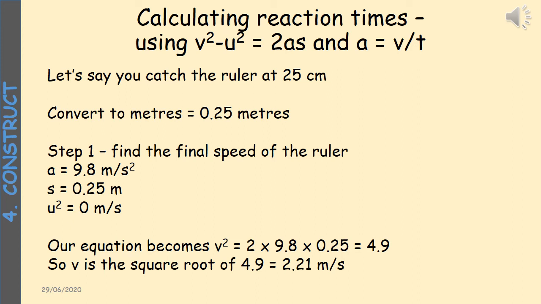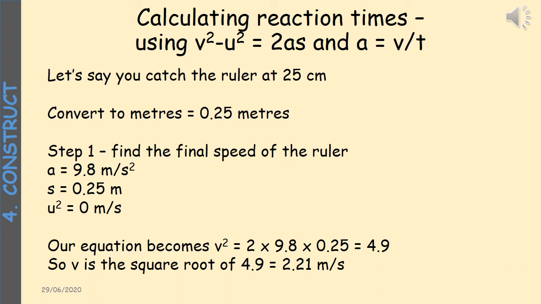If you have this, this will be a two-part calculation where you're using one equation to work out the speed that the object will be travelling, and a second one where you'll be working out the time it took during that motion. So the example here is you've got to catch a ruler and you catch it at 25 centimeters. So you convert that to meters, 0.25 meters.